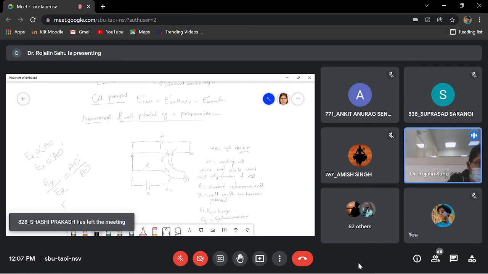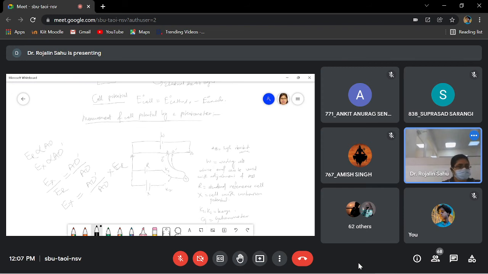So EX, the unknown potential, can be measured this way into ER. Is it okay? Yes, ma'am. Okay, so next we'll discuss the Nernst equation.